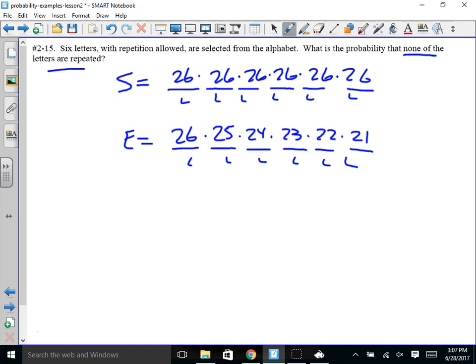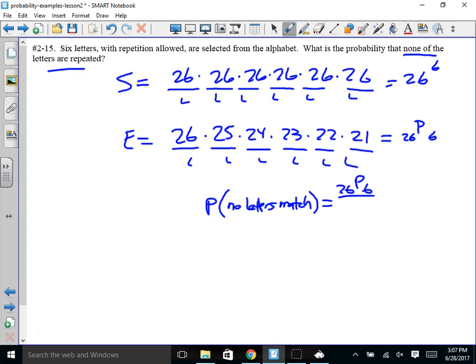You could also note that the denominator is the same as 26 to the 6th power, and the numerator is actually the same as having 26 letters and selecting 6 where order matters. That's actually the same as a permutation. So a compact way to write the probability of having no letters matching would be 26 permutation 6 over 26 to the 6th.